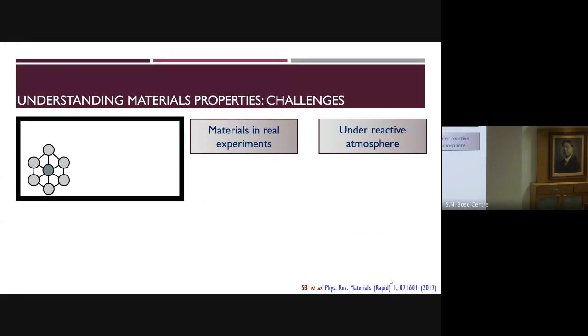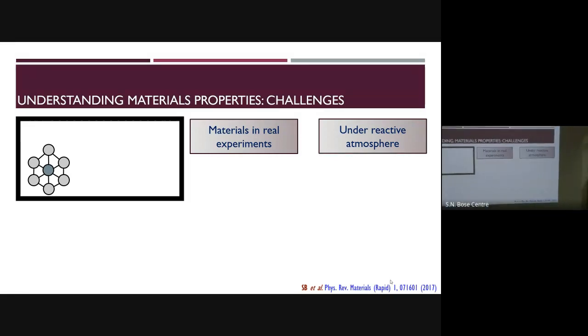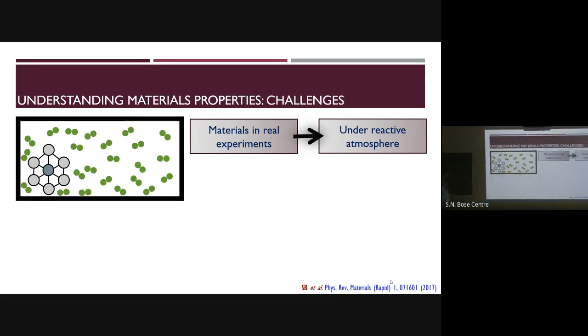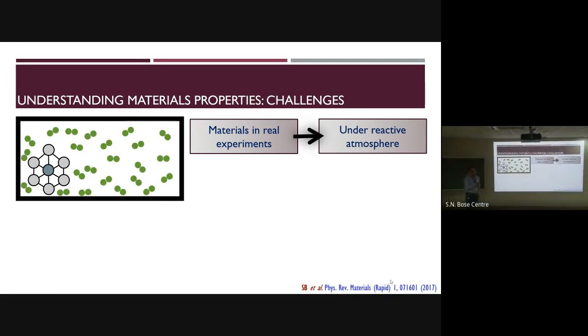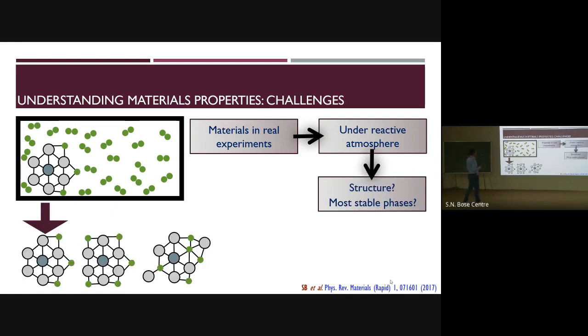For example, let me very briefly tell you, suppose this is the material, and you are trying to understand this material in an experiment. This material is usually surrounded by some ligands, like an oxygen environment, a hydrogen environment, or an argon environment. Inevitably this material will not remain idle. It will exchange atoms with this, and it will form different types of structures. That's obvious.